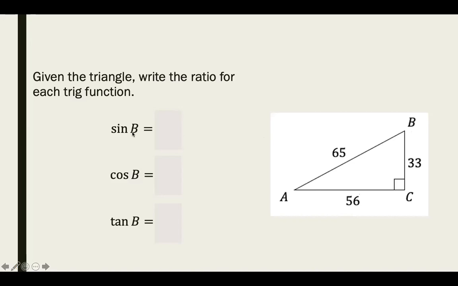So if I'm going to write down sine of B, our answer for that now is going to be 56 over 65, and cosine is going to be 33 over 65, opposite over hypotenuse and adjacent over hypotenuse respectively. And then for tangent, our answer is going to change as well, because our opposite and adjacent have changed. So our answer here is going to be our opposite 56 over our adjacent 33. So when you're doing these trig functions, look at the angle and then determine which side is opposite and which side is adjacent.